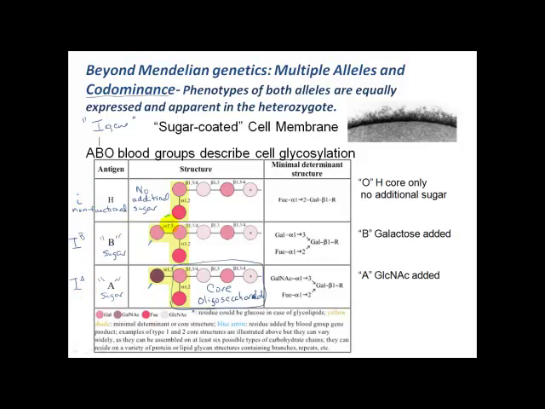However, we know that as diploid organisms, we are only going to get two out of the three. In any given individual in the population, you're only going to get two, right? So let's say that you inherit two IA alleles from your parents, right? IA allele from mom, IA allele from dad. What are your blood cells going to look like? Well, you're only going to be producing those membrane proteins with the A-type sugars, right?